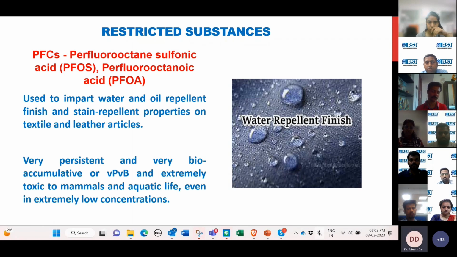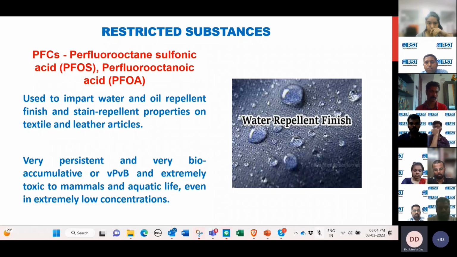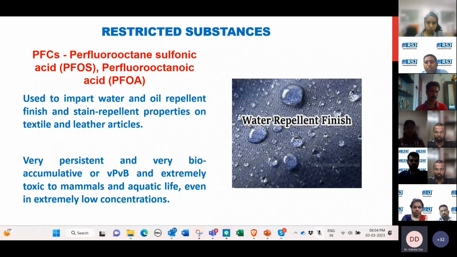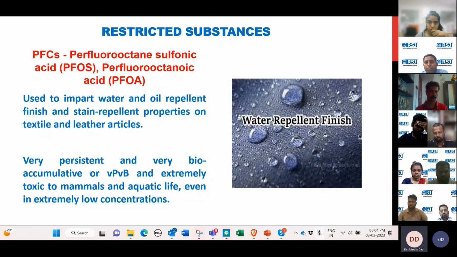Now, it is very interesting to note that a lot of textile finishes have come nowadays. We are talking about dyeing and other areas, but in the finishing area, one very simple way of giving oil- and water-resistant or stain-repellent properties was the PFCs, that is perfluorooctane sulfonic acid, PFOS, or perfluorooctanoic acid, PFOA.